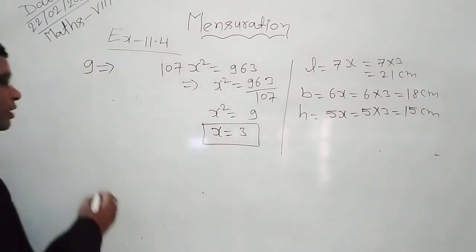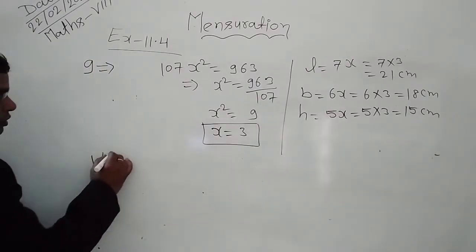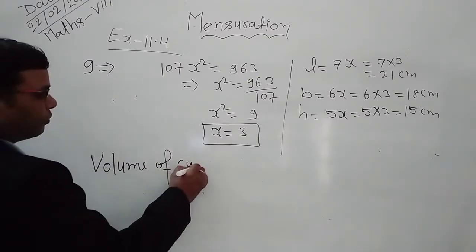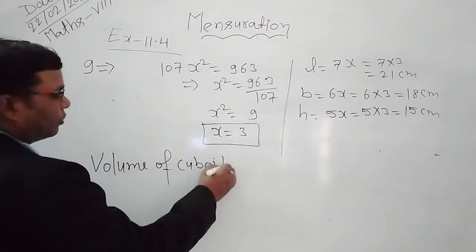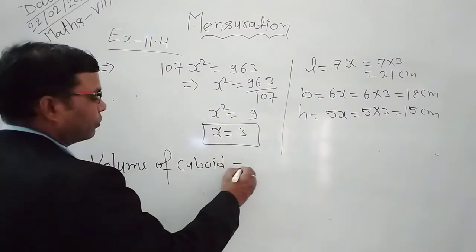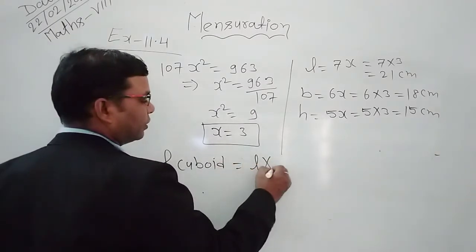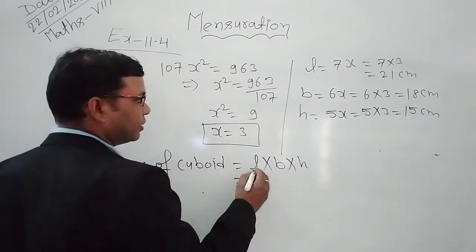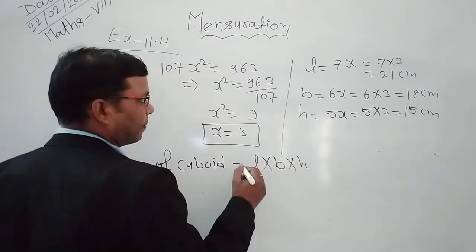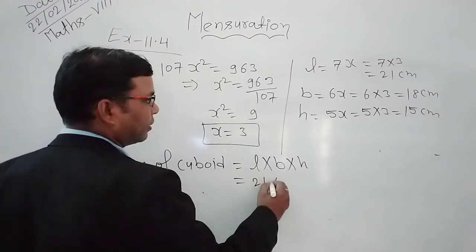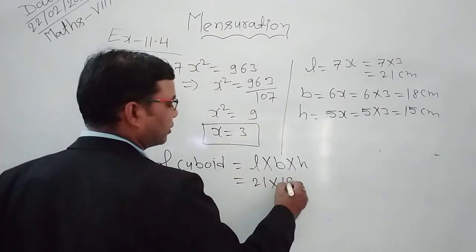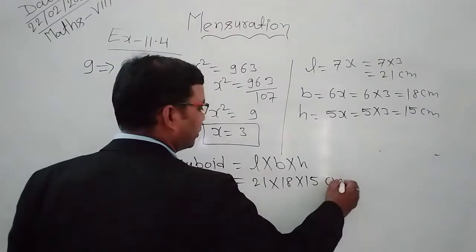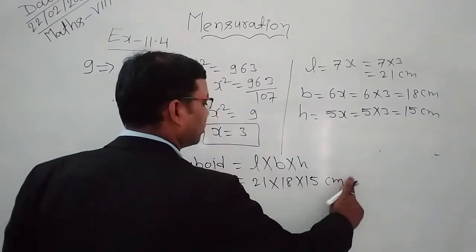Okay, but student, we need to find the volume of this cuboid. So we write here: volume of cuboid is equal to length into breadth into height. This is equal to length is 21 centimeter, breadth is 18 centimeter, and the height is 15 centimeter, in centimeter cube.